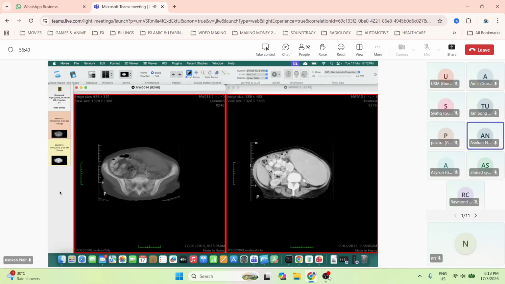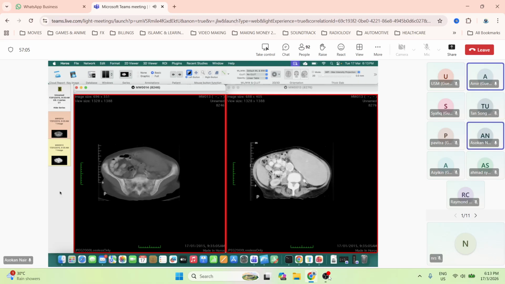What about the image on the left side? On the left side, it's at the level of the kidney with visualization of the liver. Oh, you see the other image, right? What is the image showing you? What window is that? This is in a bone window.